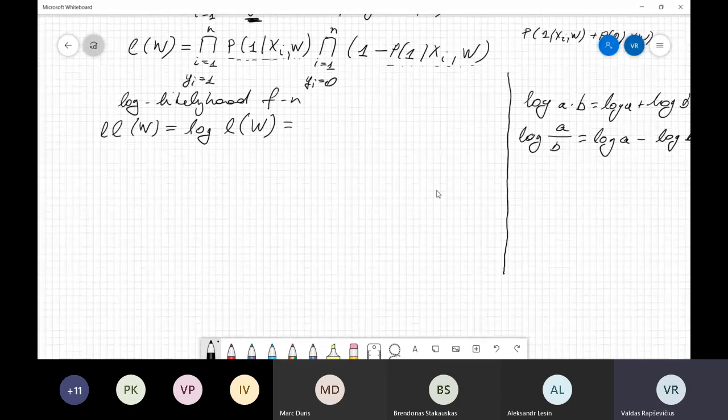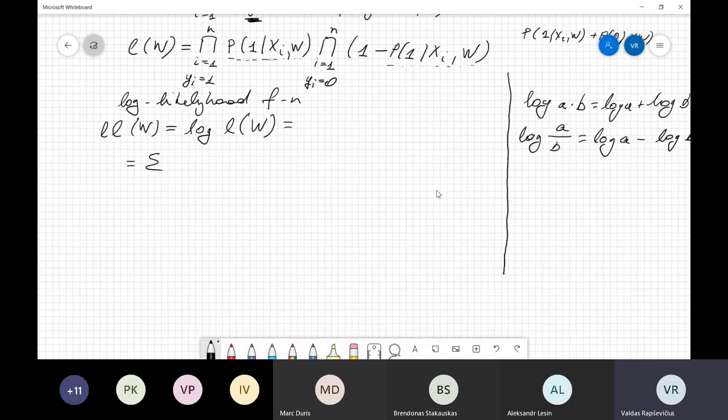Let's continue. This is the log likelihood. We can express it as a sum, i equals 1 until n.